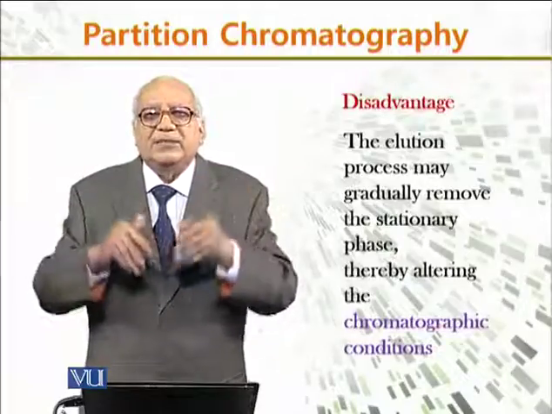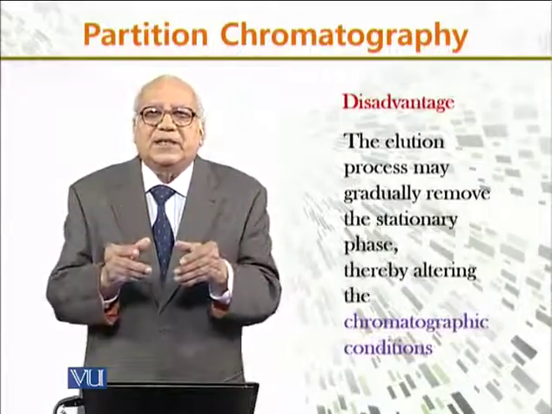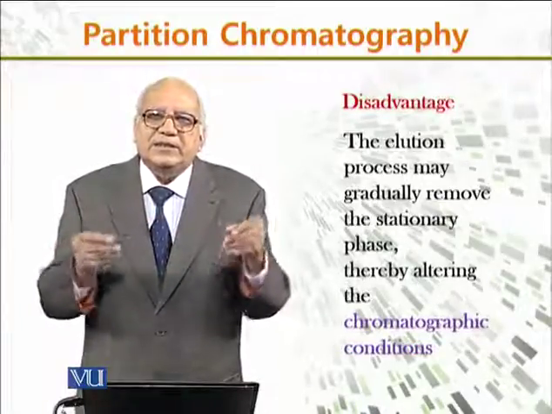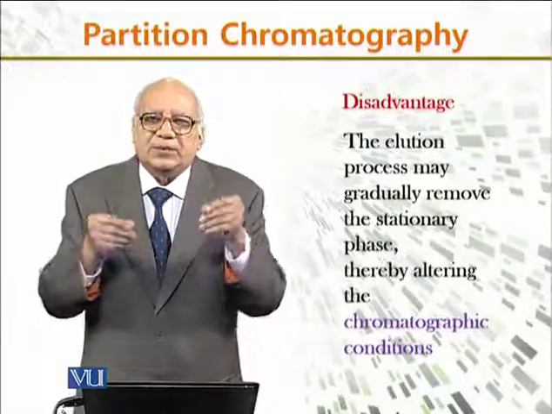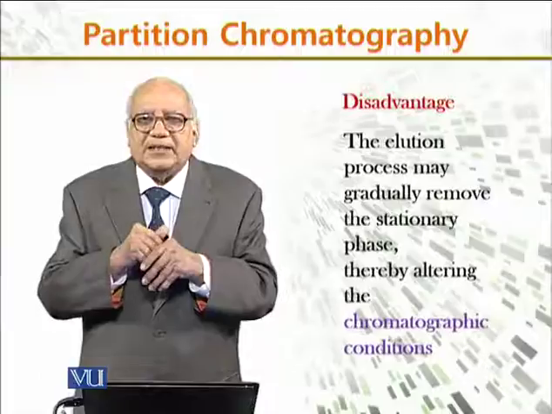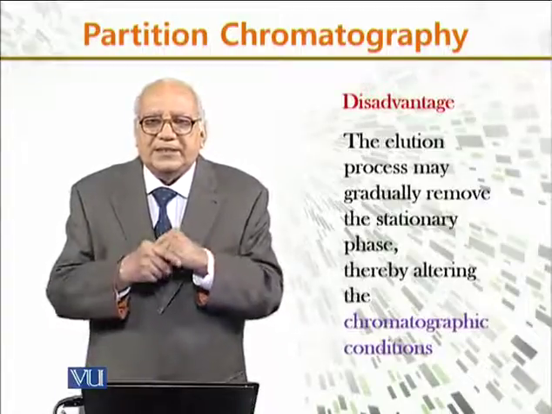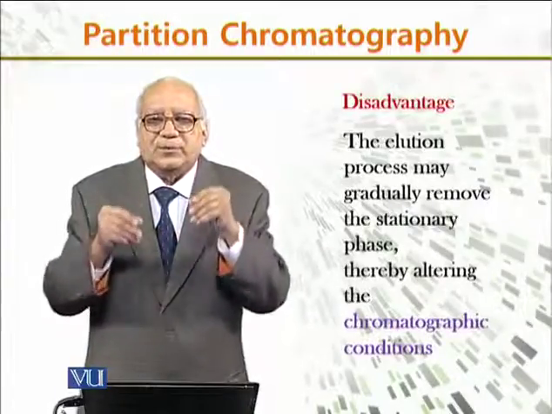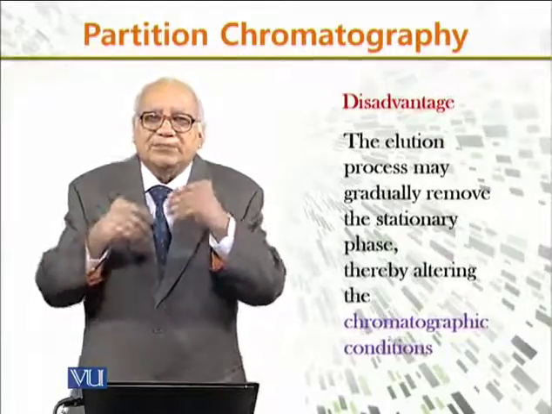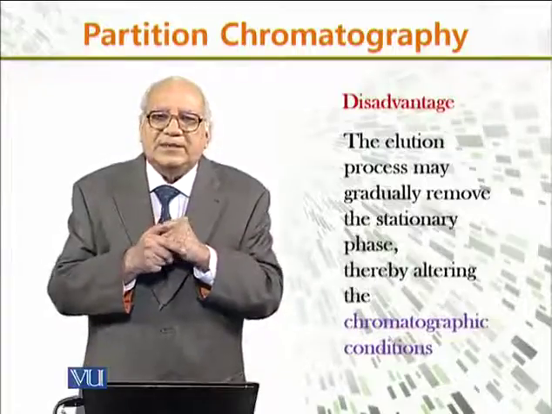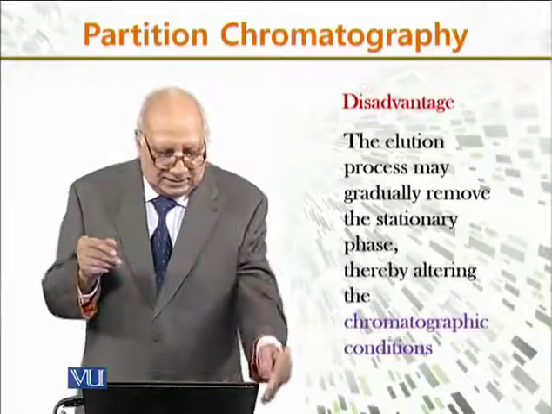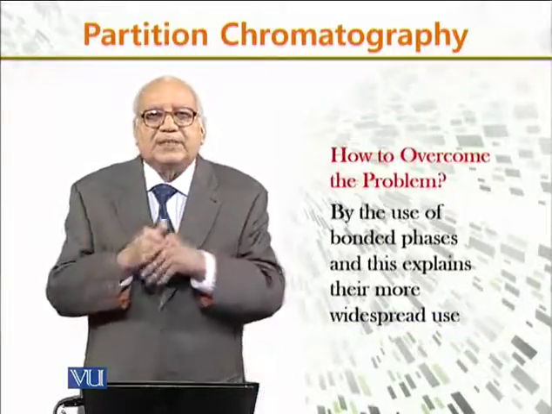That is, when we elute the molecule attached to them, the supports are also gradually eluted or diluted, and thereby they alter the chromatographic conditions. Of course, when these supports are slowly removed, the chromatographic conditions in the system will change.